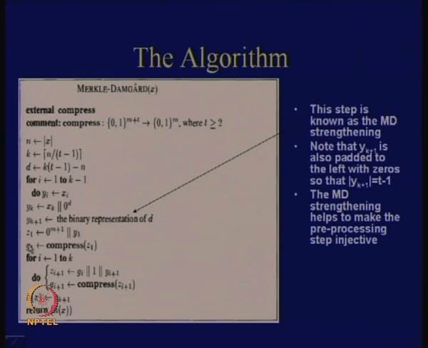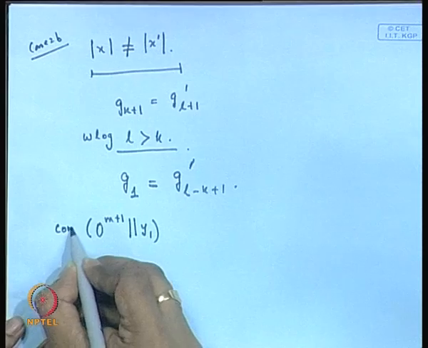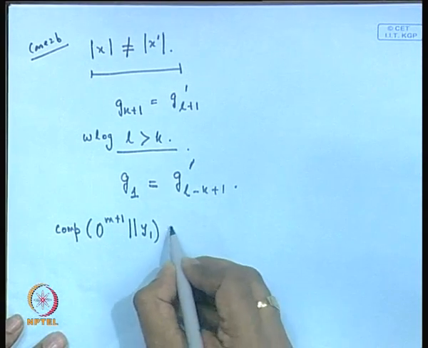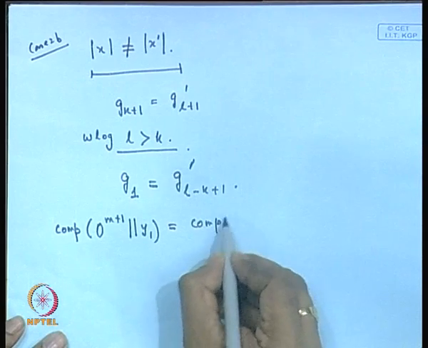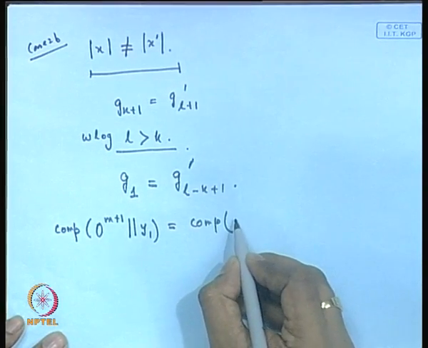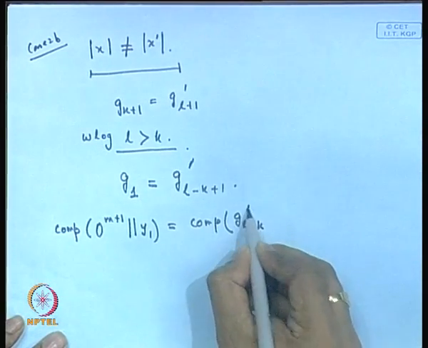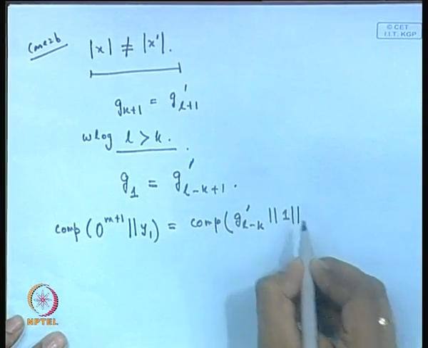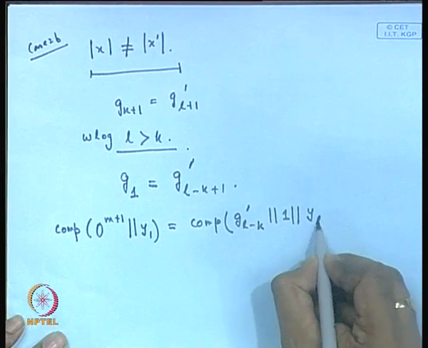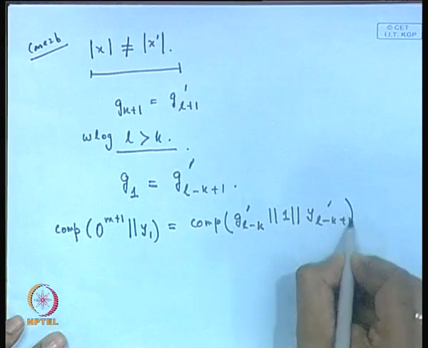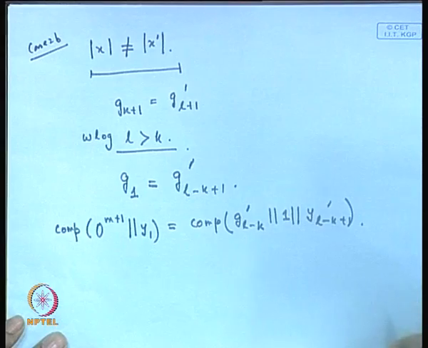So what you are obtaining is 0 to the m plus 1 concatenated with y1, and that is what you are compressing, right? And what about this? This is simple, like you take g of l minus k, concatenate it with y1, and then you have got y of l minus k plus 1 dash, right?